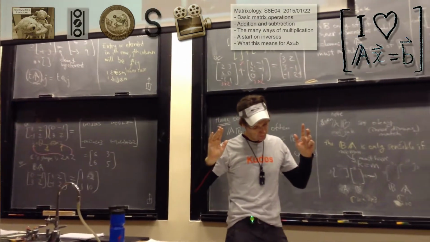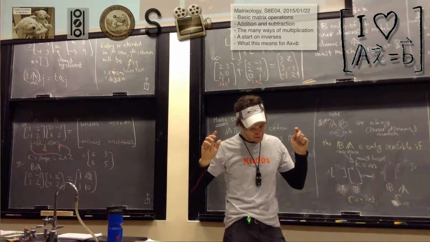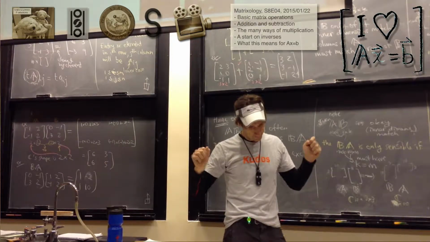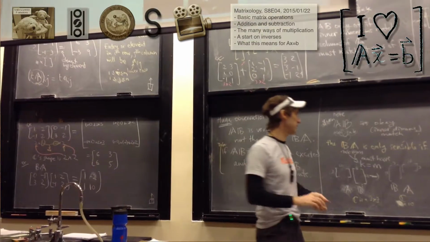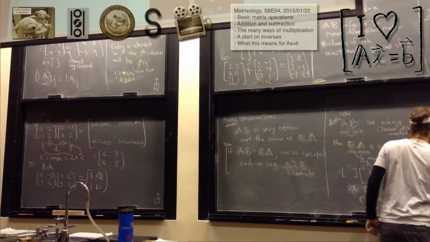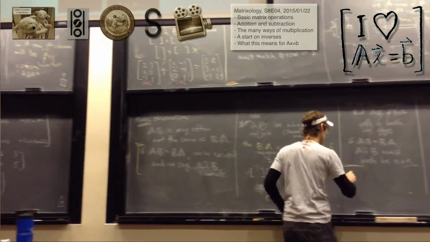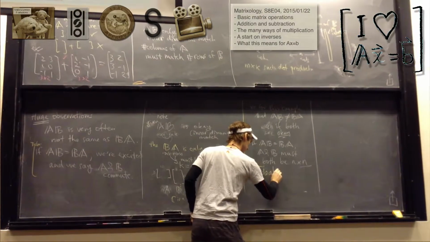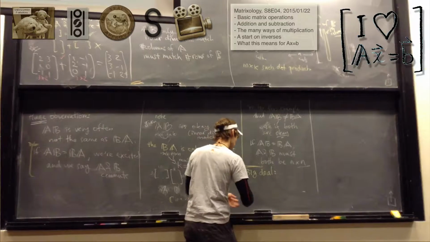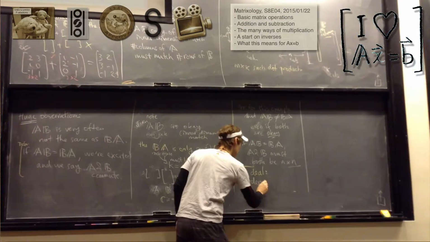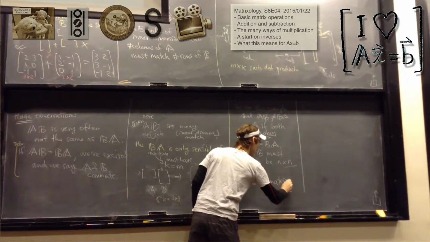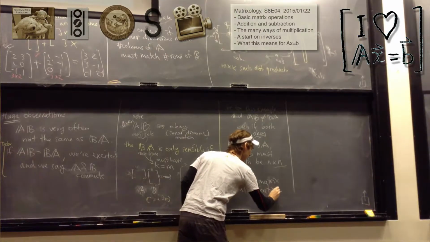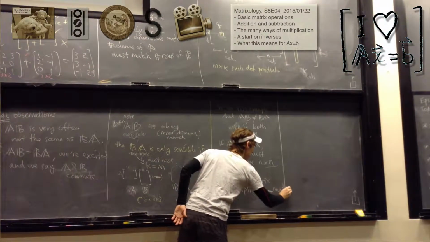OK. I know you want to get back to AX equals B. No, I can feel it. So I think this is good. Matrix order matters. So that's a big deal, right? This is something you write on your fridge or something at home. Big deal. Order of matrix multiplication matters enormously.